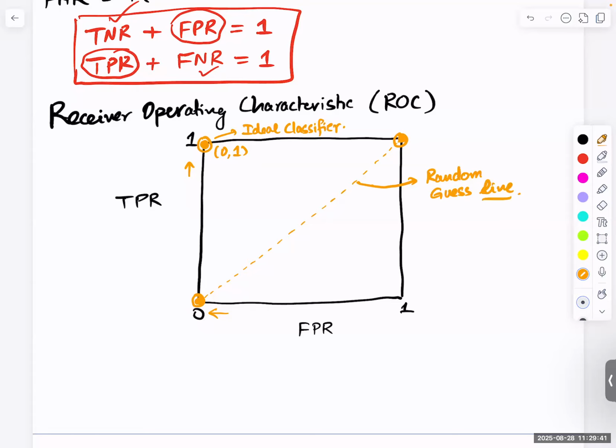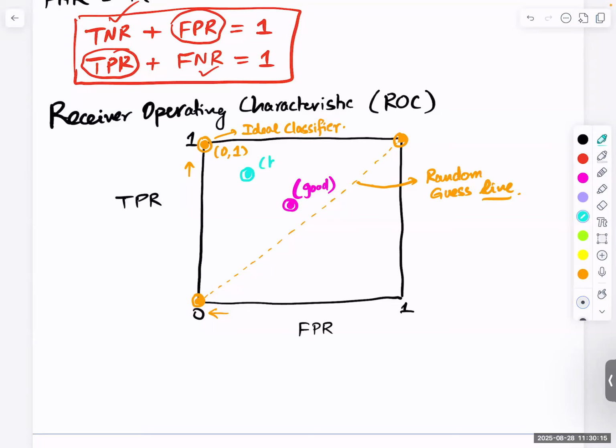In general, we want to always be above this diagonal line. For example, if I give you a classifier and I measure its false positive rate and true positive rate, let's say I get a point somewhere here. This is a reasonable classifier, better than random guess. But now somebody else designs an even better classifier whose false positive rate is smaller and whose true positive rate is higher.